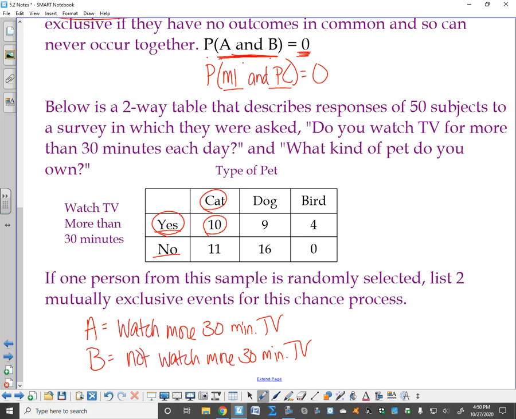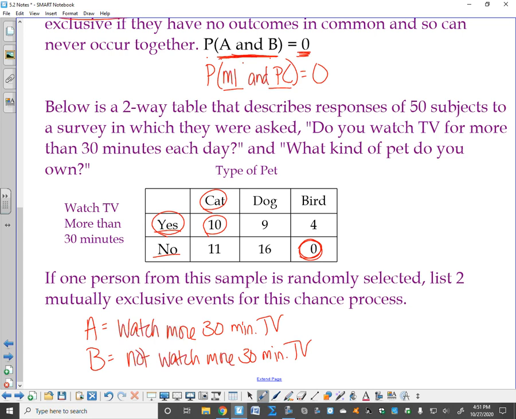What's another pair of events that are mutually exclusive? Right there. Nobody had a bird and didn't watch more than 30 minutes of TV. So there are 2 events that are mutually exclusive. Event A, I own a bird. Oh, no, I don't own a bird. Sorry, that's a no. I don't own a bird.